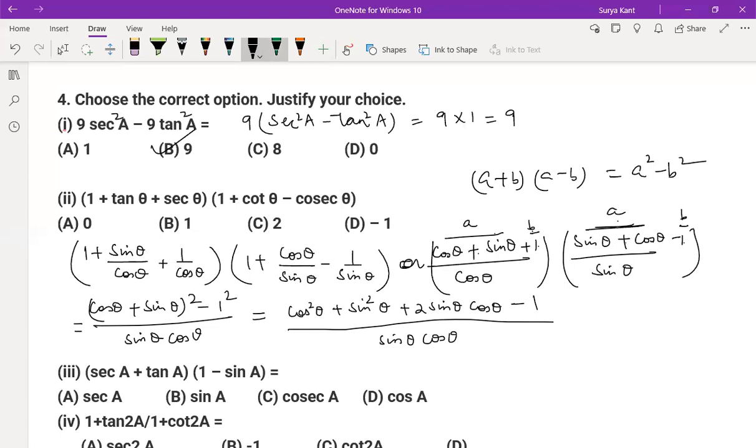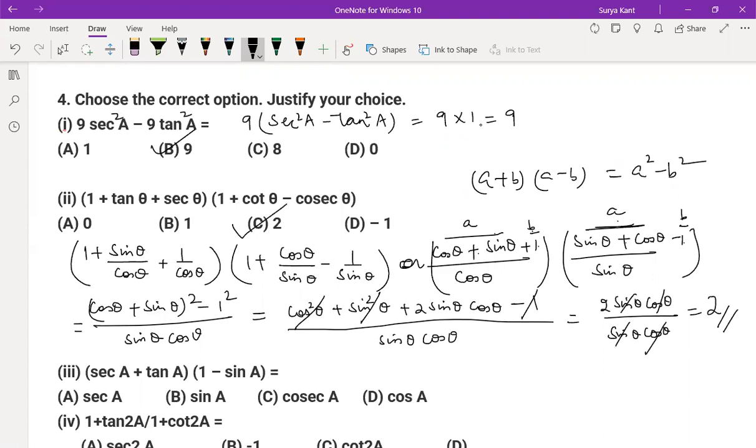You can hear me, all of you? So this and this will get cancelled. Why? Because sine square theta plus cos square theta is equal to 1, and 1 minus 1 will get cancelled. So we can write here 2 sine theta cos theta divided by sine theta cos theta, which will get cancelled. Our answer is 2.